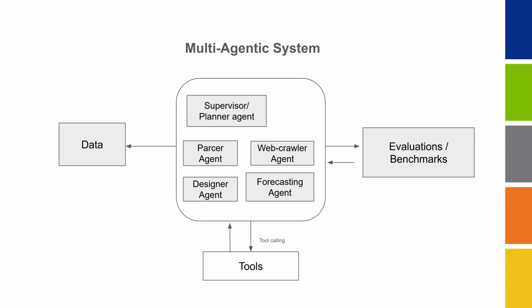Tool calling is enabled for all the agents. Many times the agents can talk to each other in certain systems, but mostly for the initial systems that have been built, the communication is just between the master agent and the other agents. This is the type of multi-agentic system prevalent in today's enterprises. They have access to individual databases which store domain-specific data.